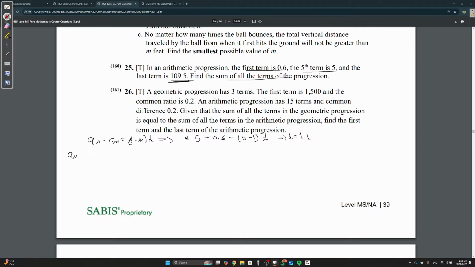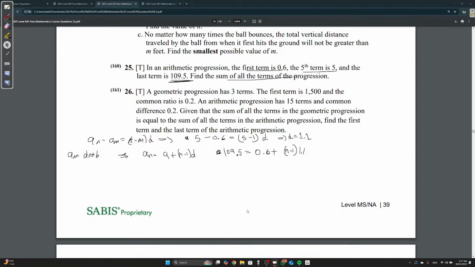We know two things. We can find the general term and use that, or you can use the formula an is equal to a1 plus n minus 1 d. This is easier because I won't have to do an extra step here. I can just substitute and find what n is. So an, we know it's 109.5, is equal to a1, which is 0.6, plus n minus 1 times 1.1.